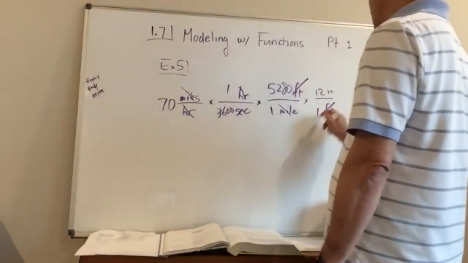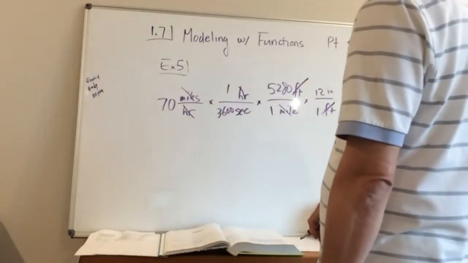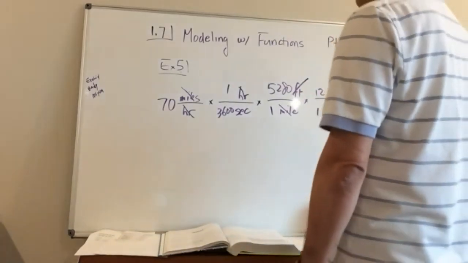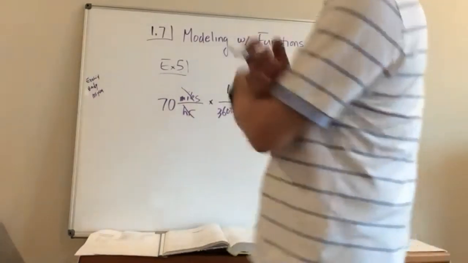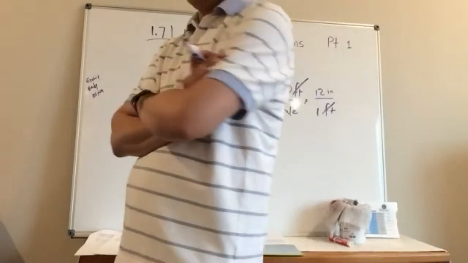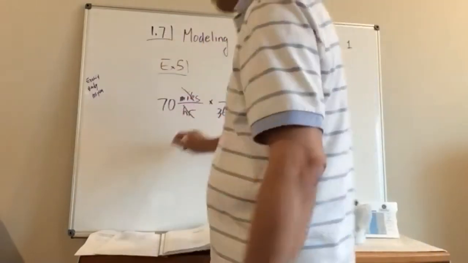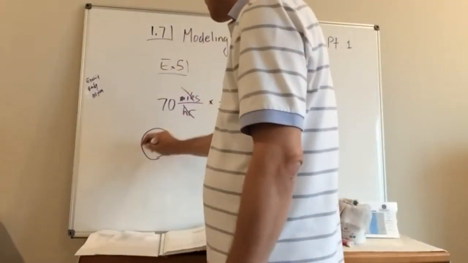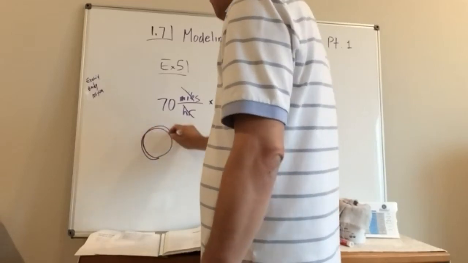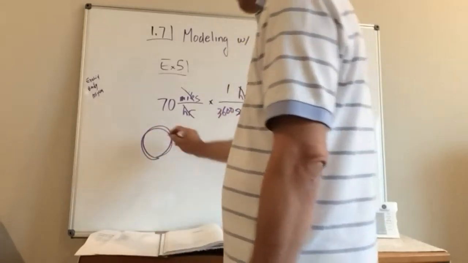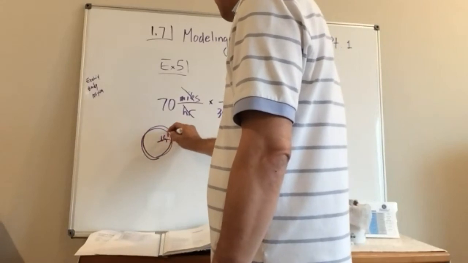So the feet cancel out. How many inches are there in a revolution? If I have a tire that goes like this, and I go from here all the way around, it's one circumference, where the radius was 15 inches, right?